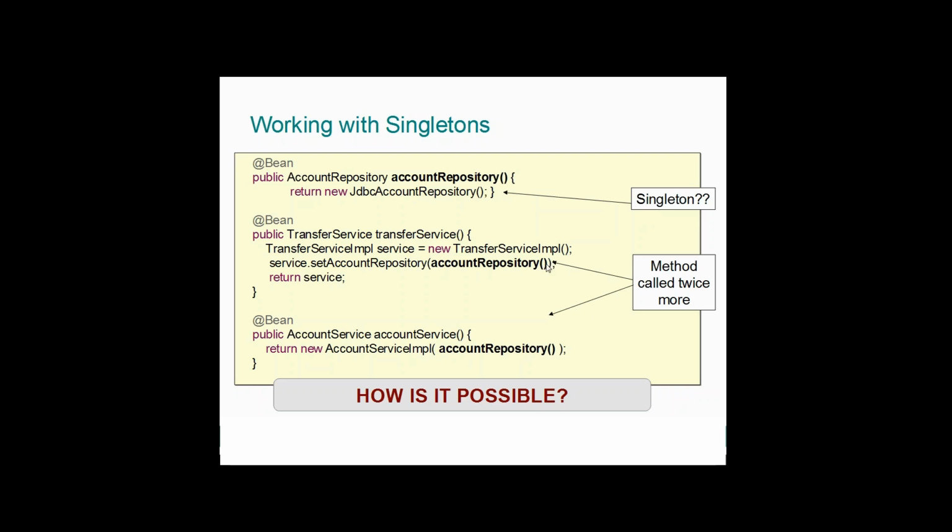Instead of that, just make it account repository, and in the first line we have that account repository annotated with @bean. So it will create a direct dependency, and we don't need to do anything. It will work for all the cases, I feel so. Not sure, to be frank.